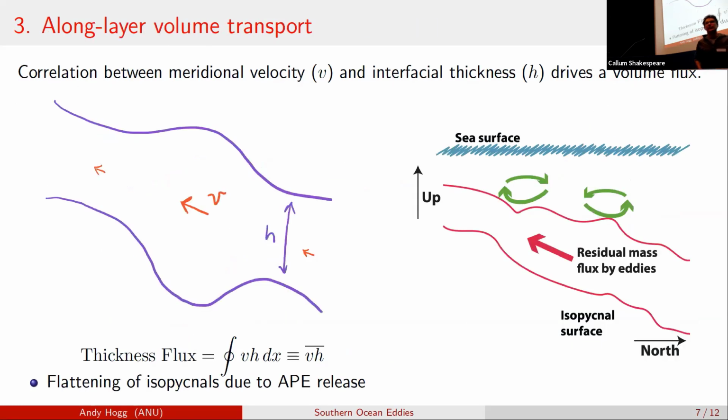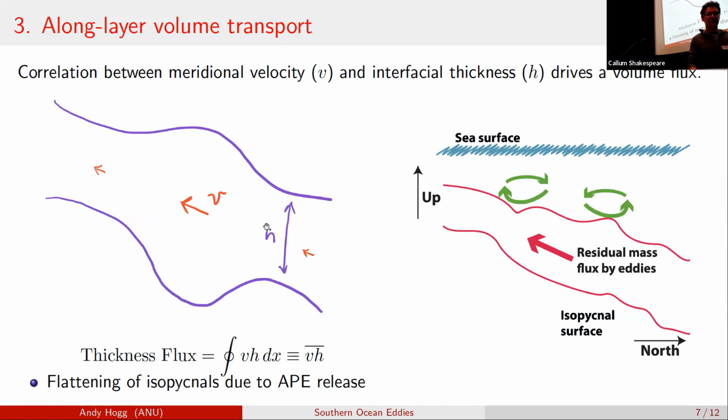So the third thing that eddies can do in the Southern Ocean is they can help transport mass or volume along isopycnal layers. That's what I'm showing in this schematic here on the left. And this is fairly easy to characterize.